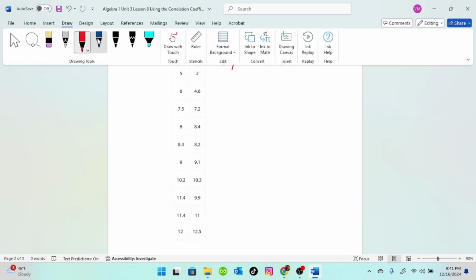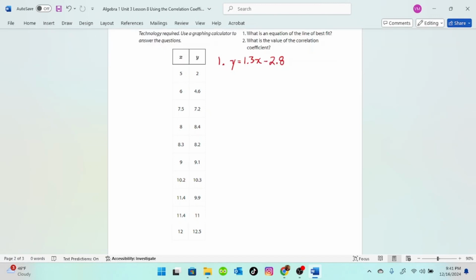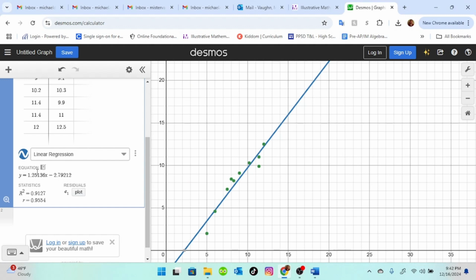Now, number 2 wants to know what is the value of the correlation coefficient. Well, if you look below the equation, you have statistics on the left and residuals on the right. Now, what we are interested in is this lowercase r. That is the correlation coefficient. So this is 0.9554.